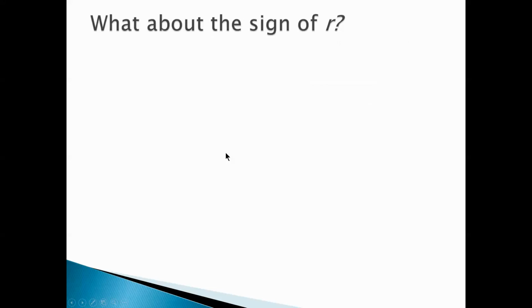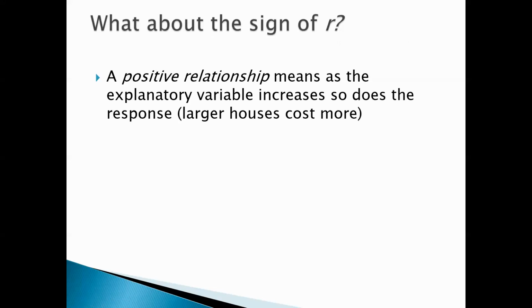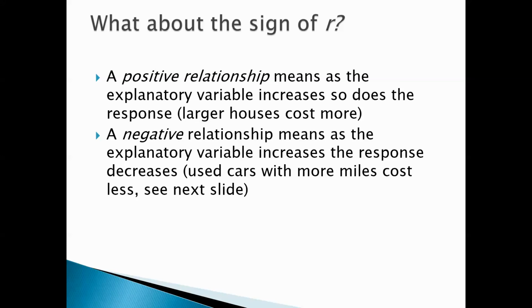Now, what about the sign of r? So we said that r could be between -1 and 1, but what's the difference? Well, a positive relationship means that as the explanatory variable increases, so does the response variable. Larger houses cost more, on average. That's what you expect. And a negative relationship means that as the explanatory variable increases, the response variable decreases. So when you're talking about the price of used cars, the more miles on the car, the less the price.